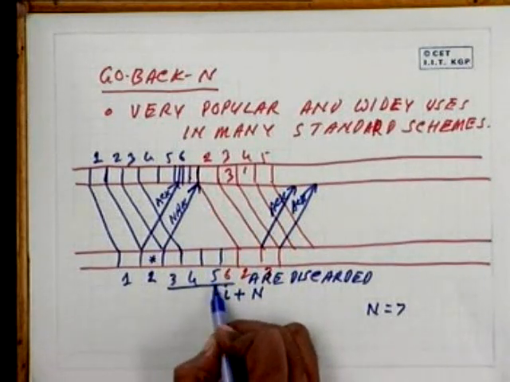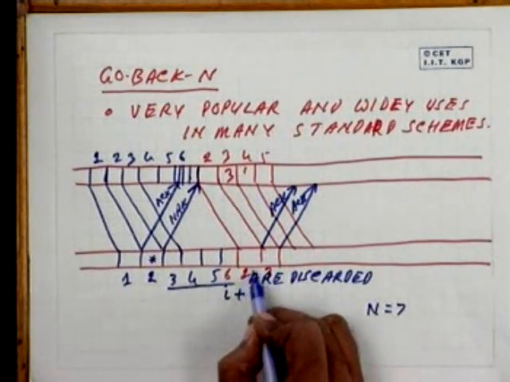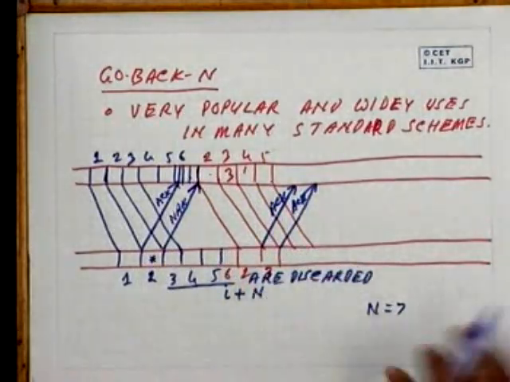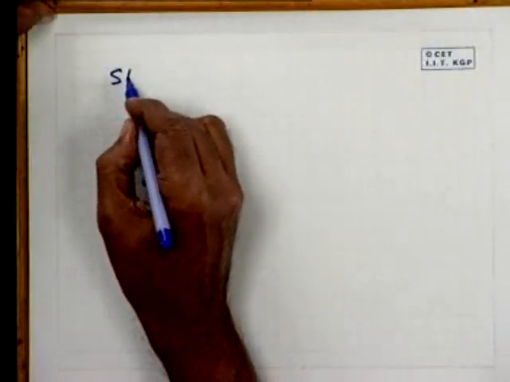In spite of that, the transmitter is forced to send again starting from 2. The reason was the receiver was having only one buffer. How can that be overcome? This can be overcome by having more than one buffer in the receiver, using the selective repeat scheme.